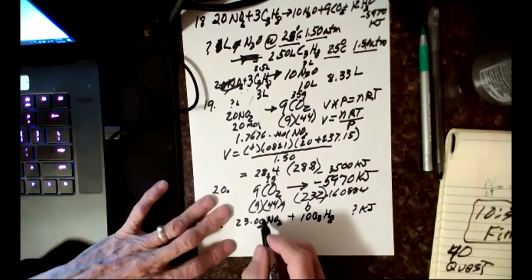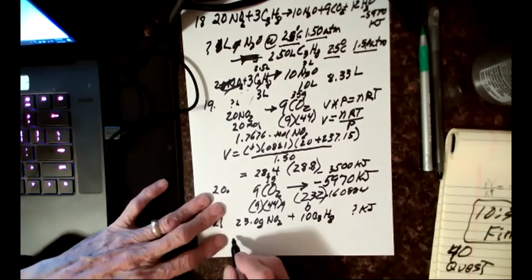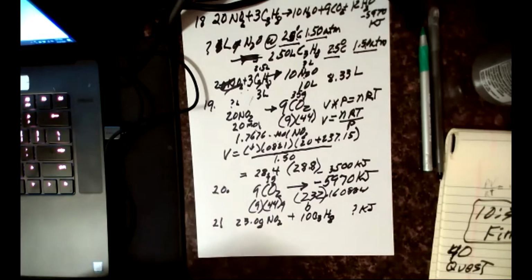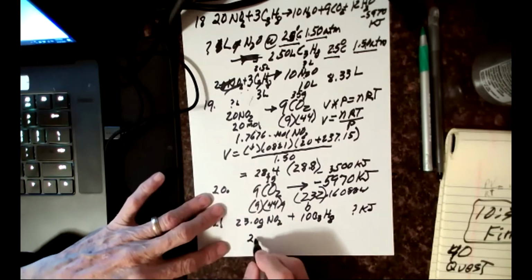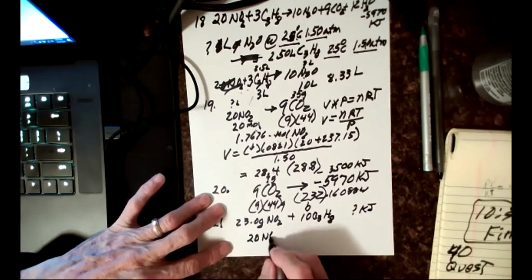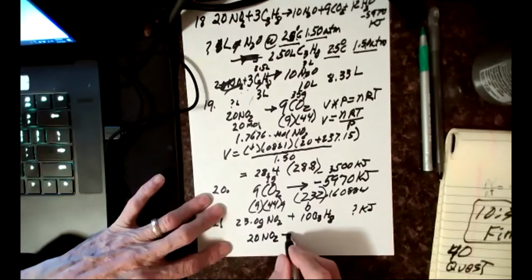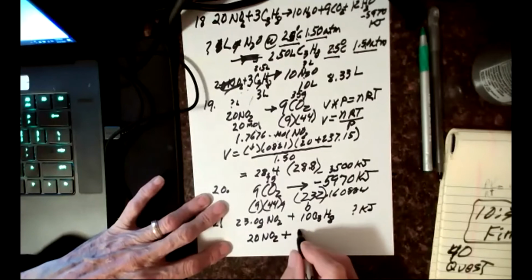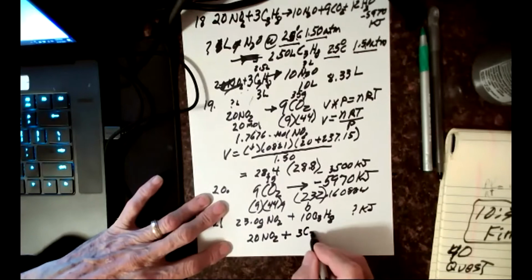So this becomes a limiting reagent problem. The NO2 had a balancing coefficient of 20, wasn't it? Yes. So we've got 20 NO2s and 3 C3H8.